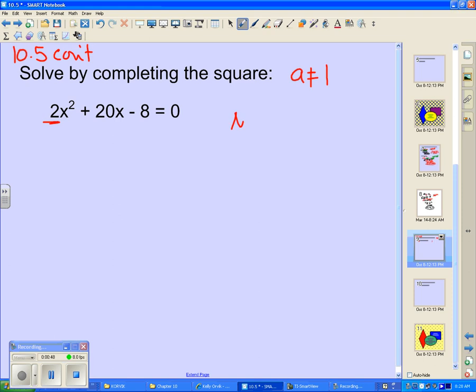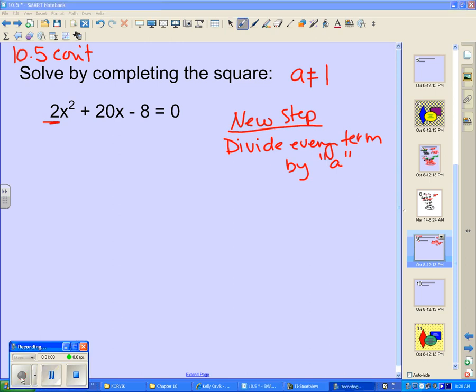So our new step is going to be to divide every term by a. So a in this case is 2.